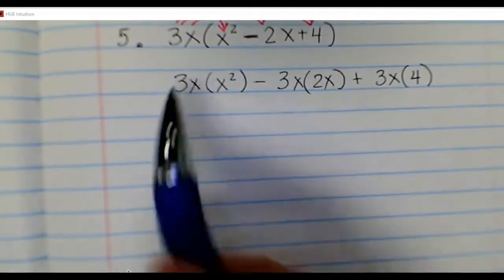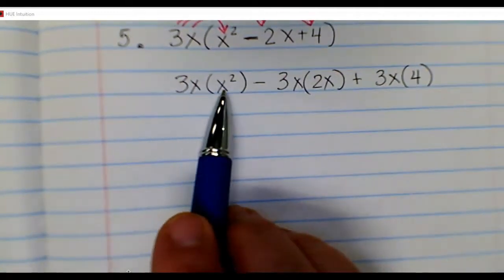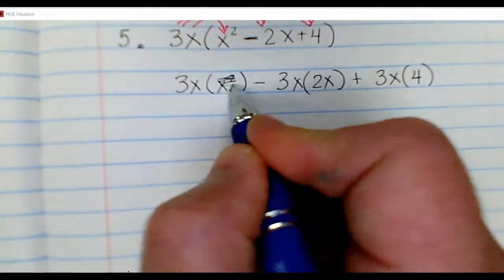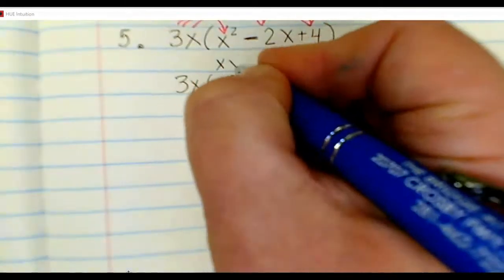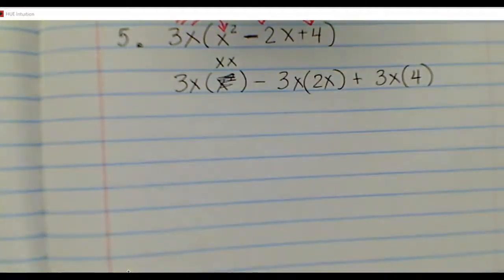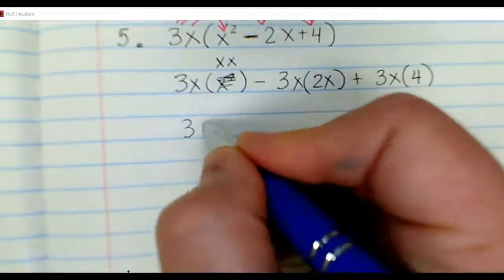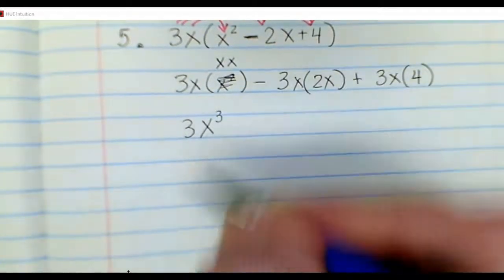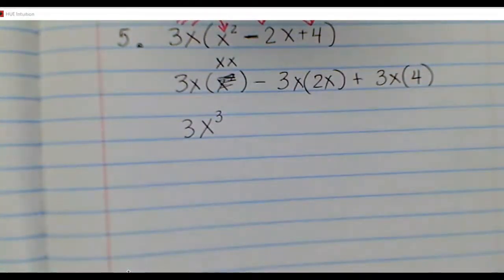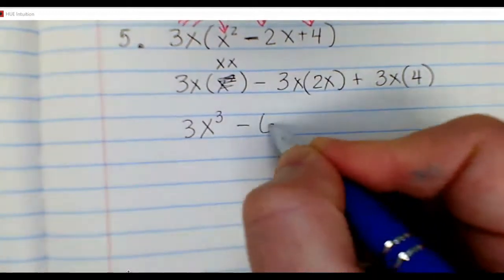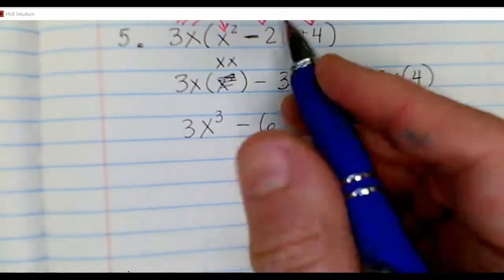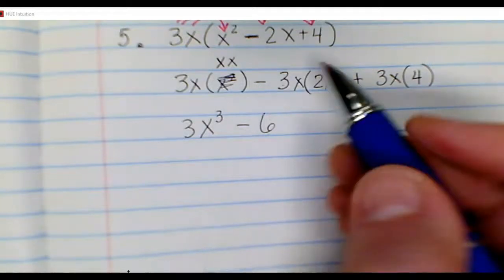Do you know what we get when you multiply 3x times x squared? Do you know that x squared is the same as x times x? So this would be x times x times x. Three times 2 is 6, and there's the negative sign right there.